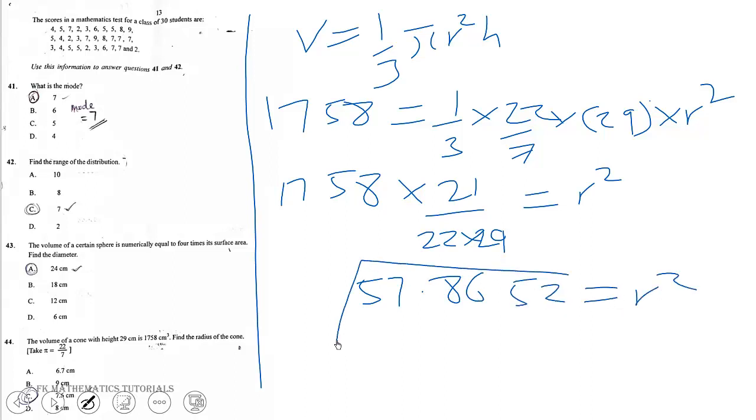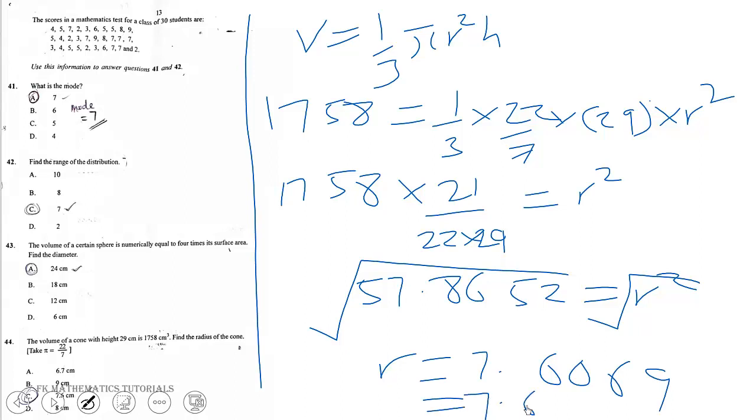So let's take the positive square root of both sides. So r will be equal to 7.6069 centimeters, which is equal to 7.6 centimeters.